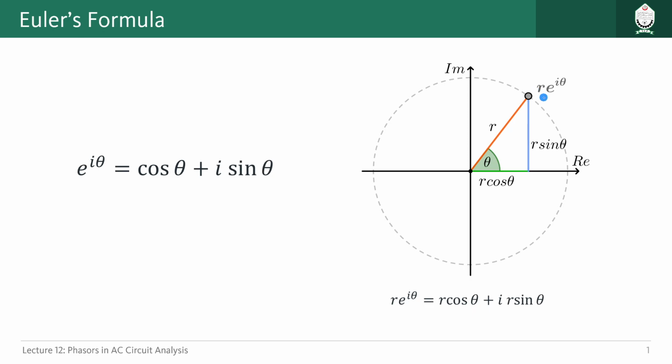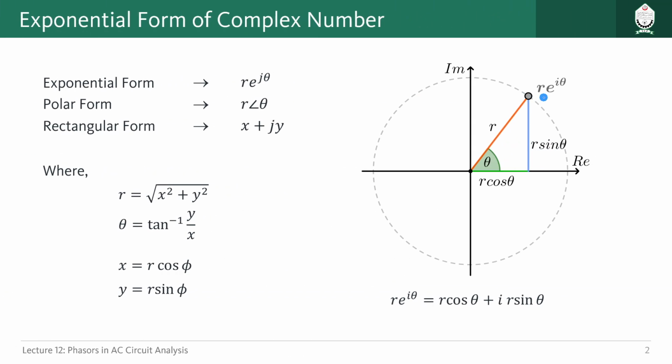Now in our domain, I mean the electrical engineering domain, we represent the whole thing in a quite different manner. The first thing is we are never going to use i for representing the imaginary number. We are going to use j instead of i, and this exponential form of Euler's formula can be represented in three forms, right?